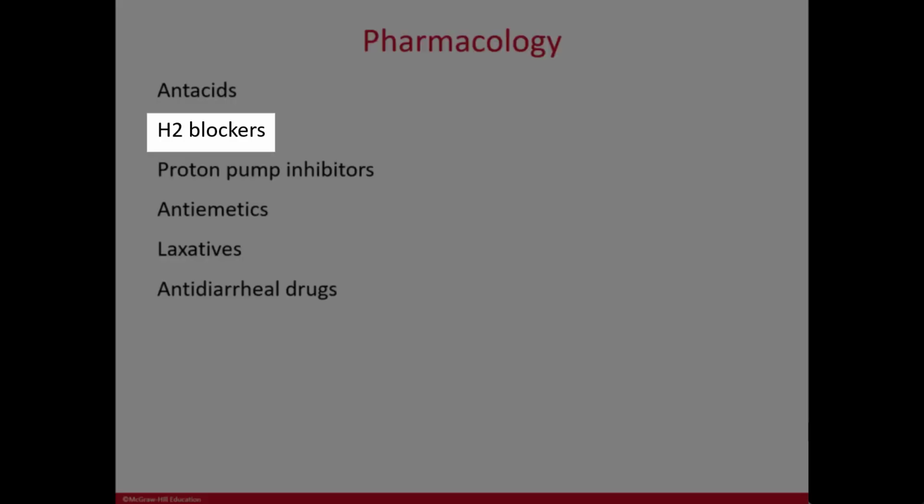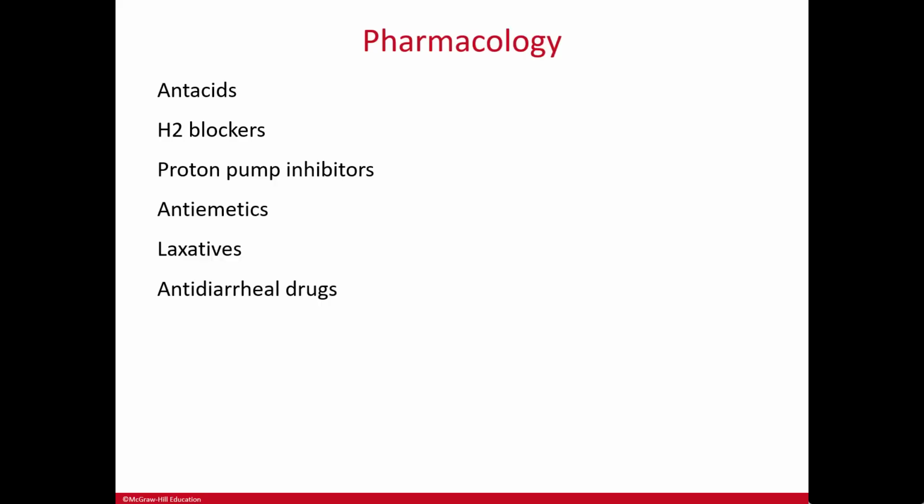Histamine blockers or H2 blockers, those are histamine 2 receptor antagonists. These actually block the signals from specialized stomach cells. So you probably heard of antihistamines like Benadryl. These are also histamines, but they're specialized histamine cells in the stomach.